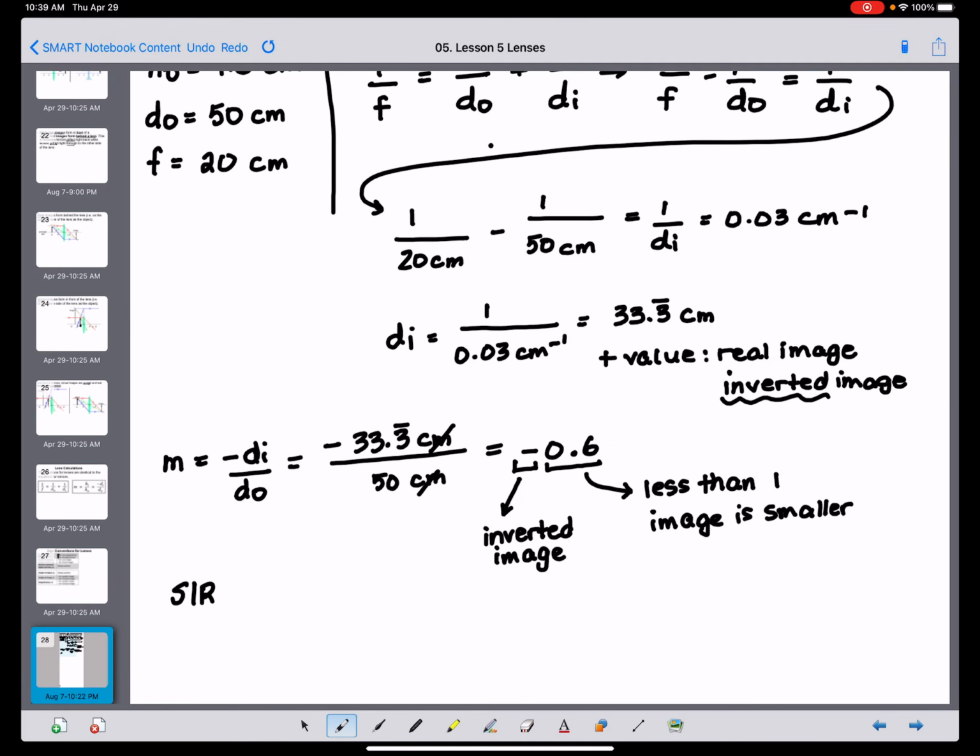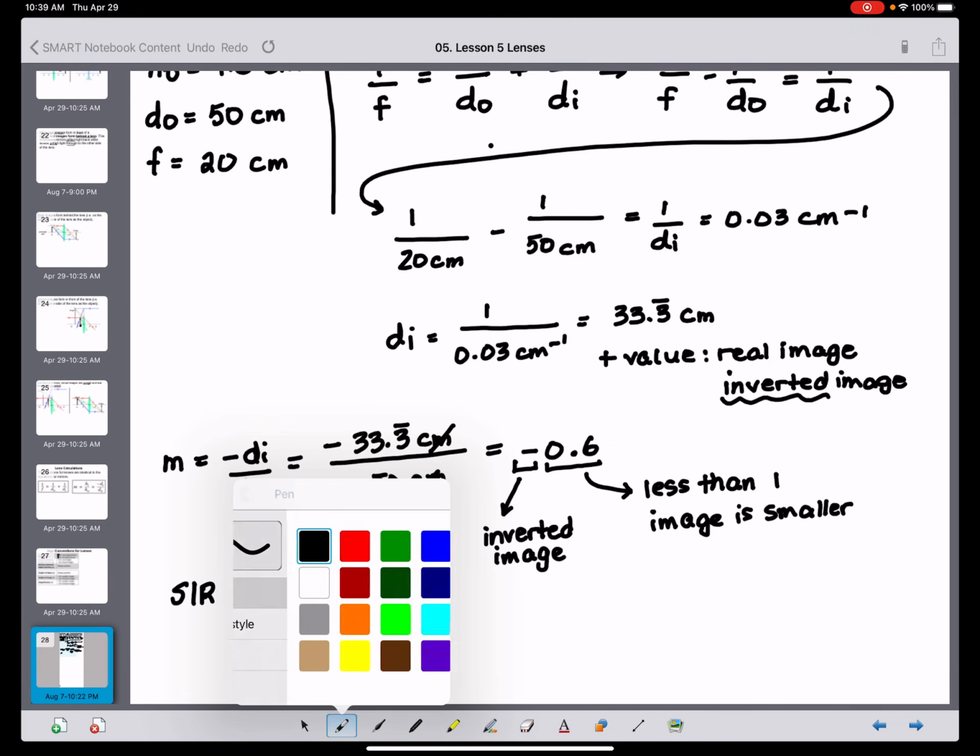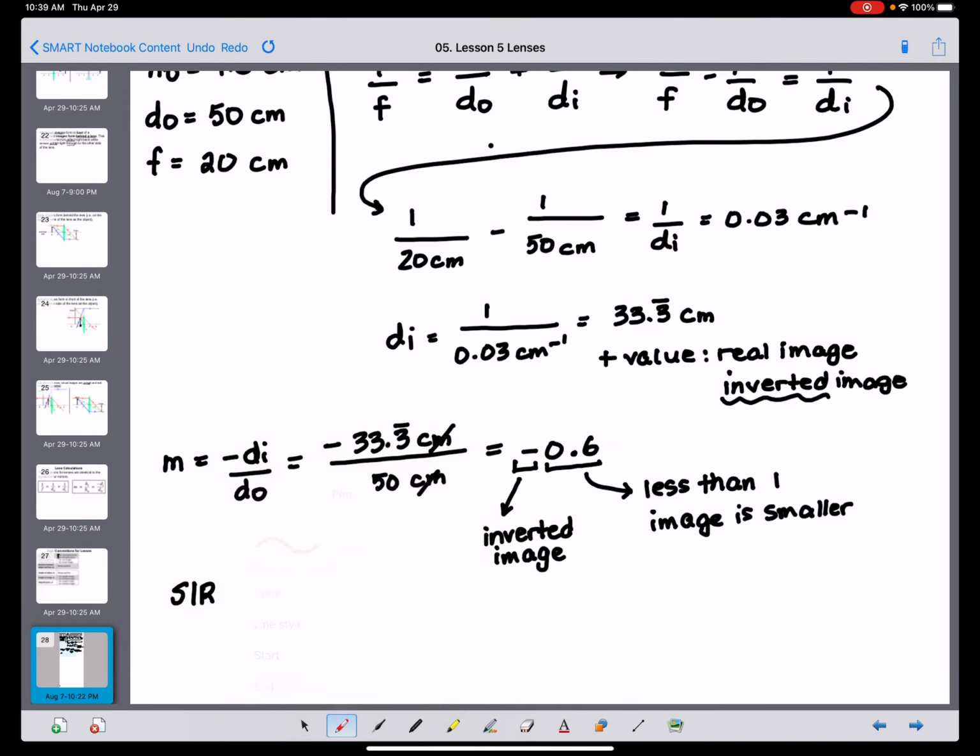And we can verify that by saying, well, if the focal length of the lens is 20 centimeters, that means the center of curvature is double that, 40 centimeters. And if DO is 50 centimeters, well, 50 is bigger than 40. So we're in the beyond C case, which is case 1. Remember, for case 1, that's the SIR case.